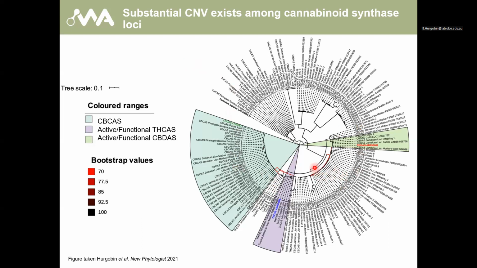We also found that the active forms of these genes were highly conserved across cannabis genomes. So for example, all the active CBDA synthases found within this clade were over 99% similar at the nucleotide level across the different assemblies.